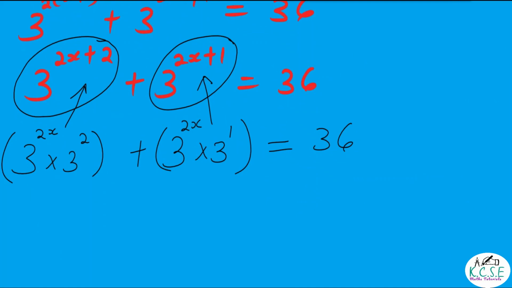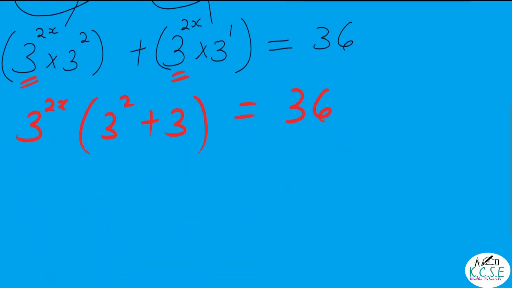After doing that, you can factor out, and when you look at these, you can see 3 raised to power 2x is common, so you can factor out 3 raised to power 2x. Then into brackets, here you remain with 3 squared, and here we remain with 3 raised to power 1, which is 3, equals 36.